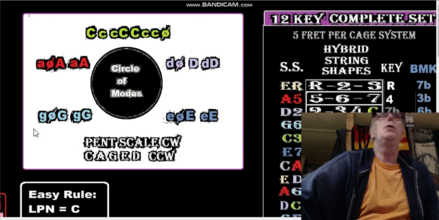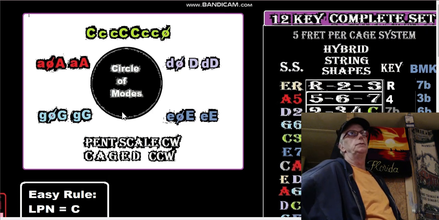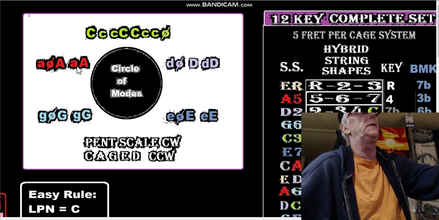So no matter where you start on the circle of modes, pentatonic scale going clockwise, the word CAGE going counterclockwise. Let's say we start the word CAGE from A. So instead of C-A-G-E-D, we're going to do A, E, G, C, A. Okay?